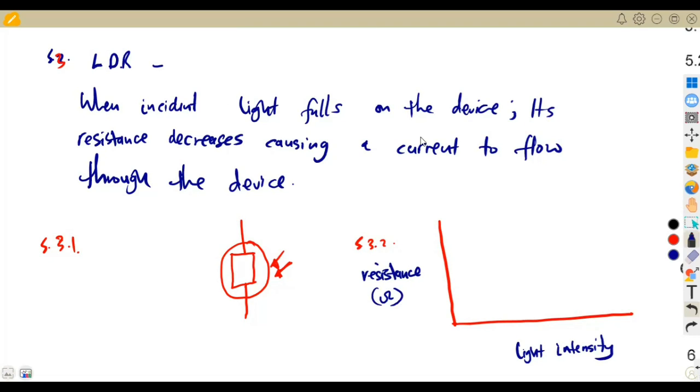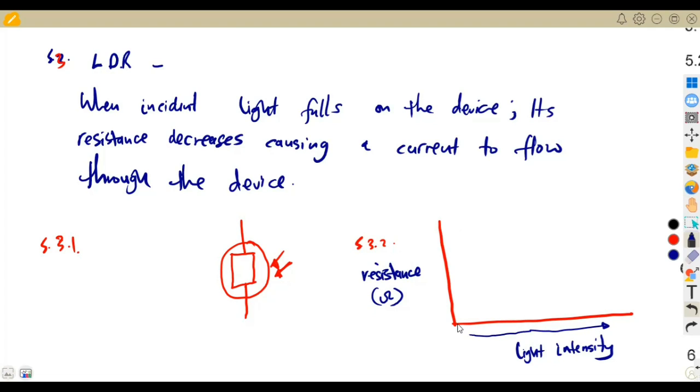So what is going to happen? We said when the light falls on the device, the resistance decreases. So on this side, the more light that we are going to be having, as the light is increasing, the resistance is decreasing.